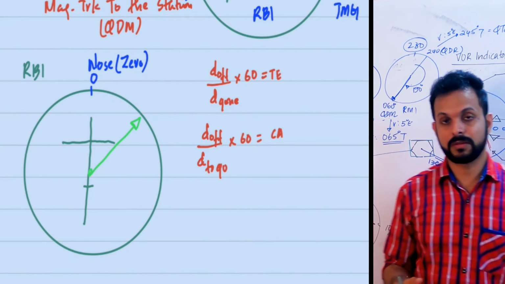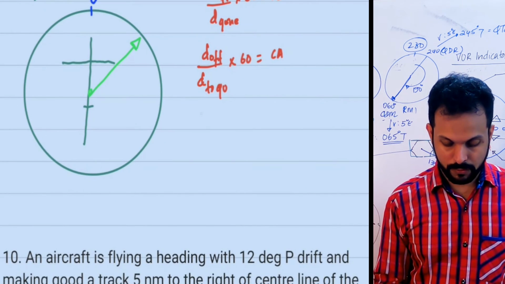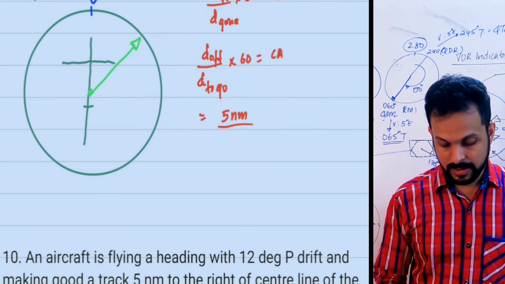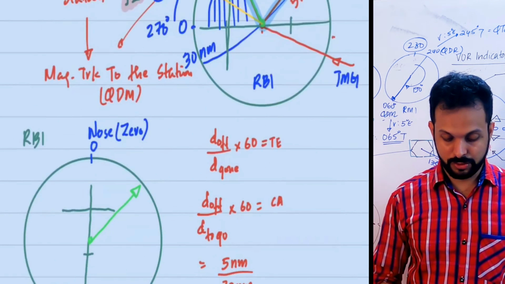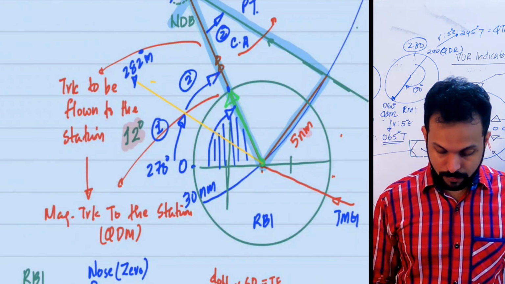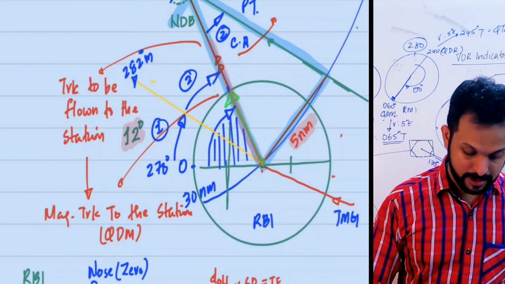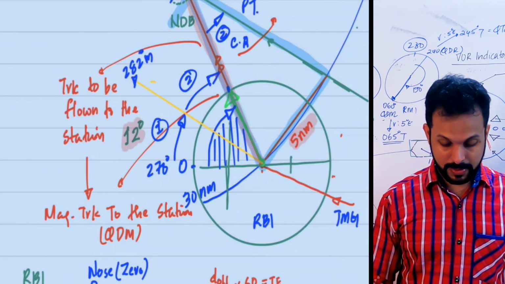By definition, it might be a bit different, but practically it's going to be the same, right? So distance off is 5 nautical miles divided by distance to go is 30 nautical miles. So we are looking at this particular triangle here. So we have the distance off right here, and the distance to go is this particular leg over here. And remember, that is 30 nautical miles.